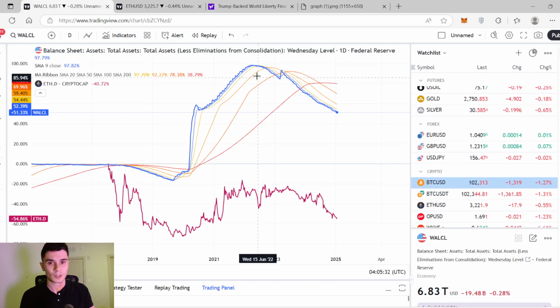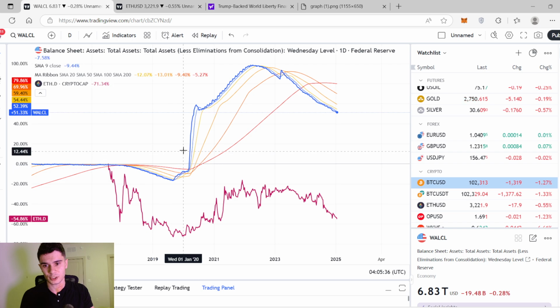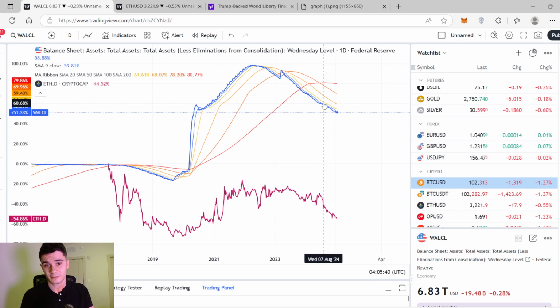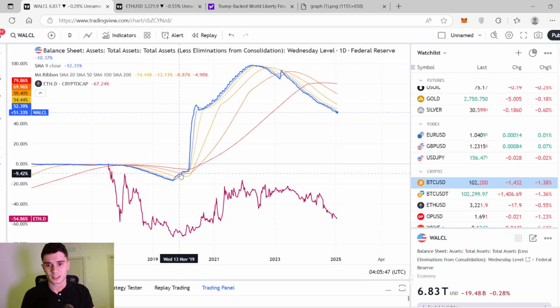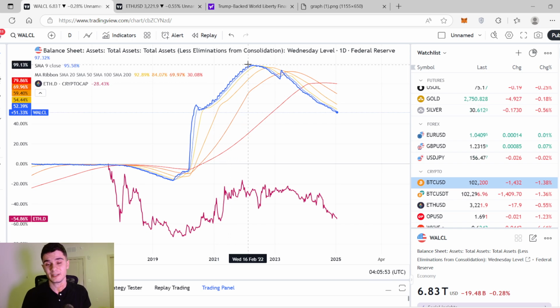Also, we can look into this chart, and basically these are two superimposed charts. This blue line is the balance sheet of the Fed, of the Federal Reserve, and what that means is, when the balance sheet of the Federal Reserve is going up, that is called quantitative easing.